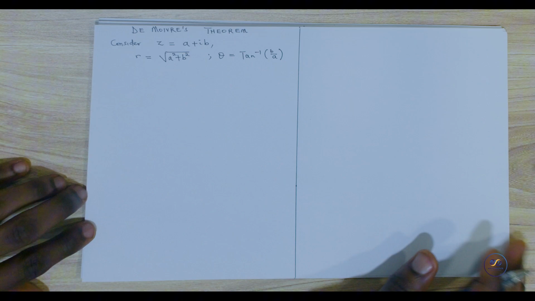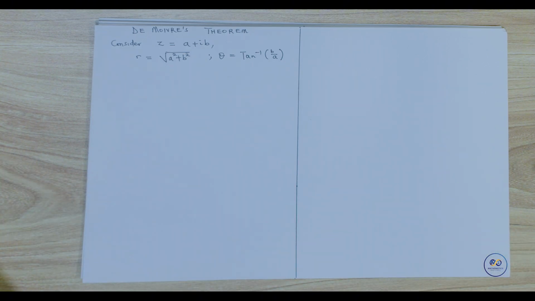Now, taking those concepts, Moivre told us that when we multiply this complex number by itself multiple times, there is also a corresponding effect this has on the modulus and the argument of that multiplied complex number.